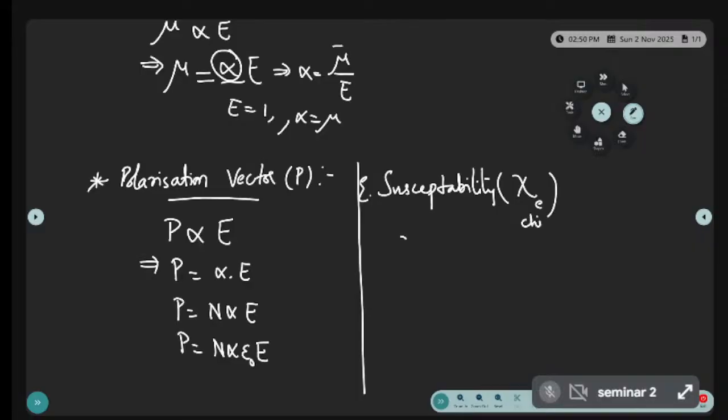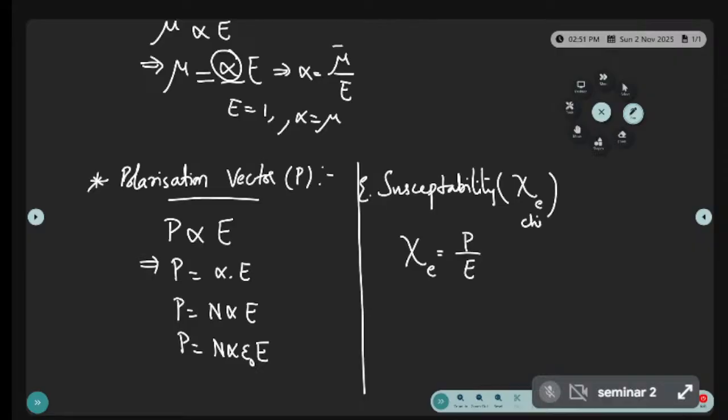What is electric susceptibility? The same term is used in magnetism also, that's why here we write electric susceptibility, which is psi equal to P by E. What are P and E? Polarization and electric field.